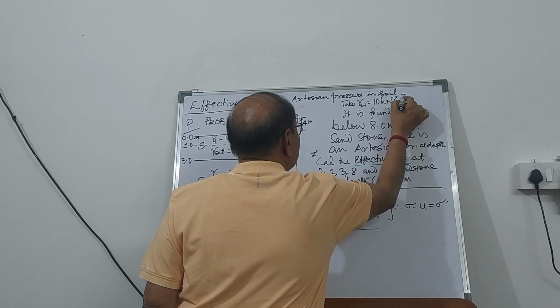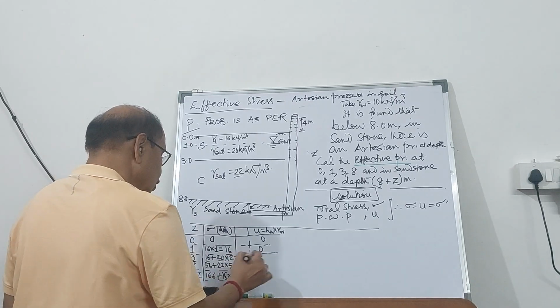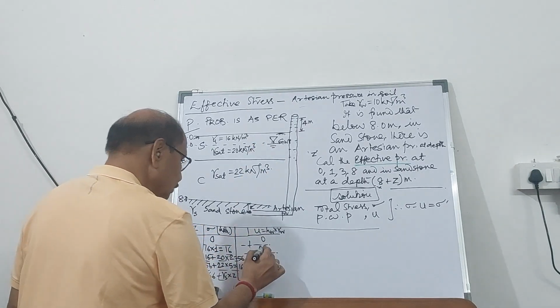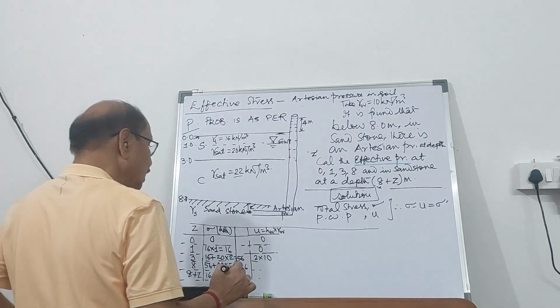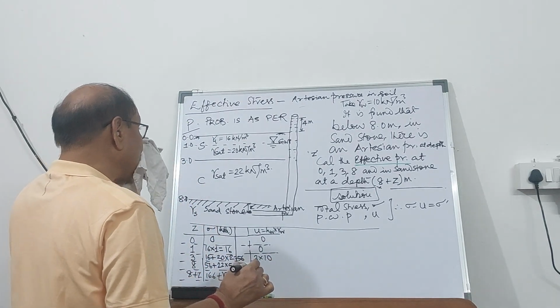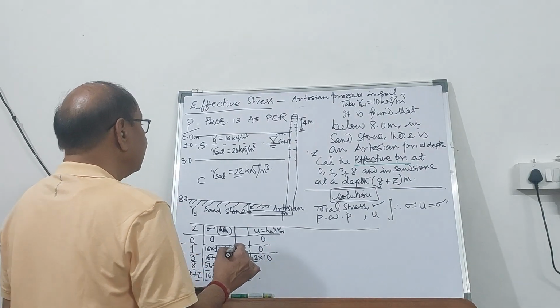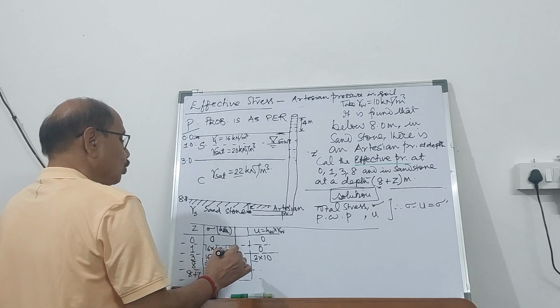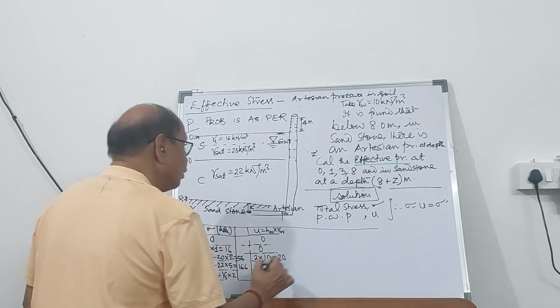For simplicity of calculation, we have taken this. So it is given in the problem that gamma W is to be taken as 10. So at 3 meter, it is the height of water, that is 2 meter, multiplied by unit weight of water 10. So it becomes 20 kilopascal.